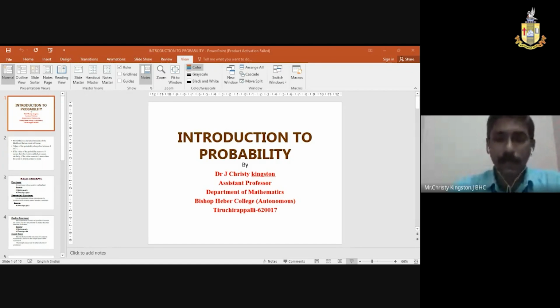The sample space may be either discrete or continuous. Suppose it is the discrete case, for example, if I'm tossing two coins, what are all the outcomes that happen? Either it may be two heads or two tails, or the first one is head and the second one is tail, or the first one is tail and the second one is head.